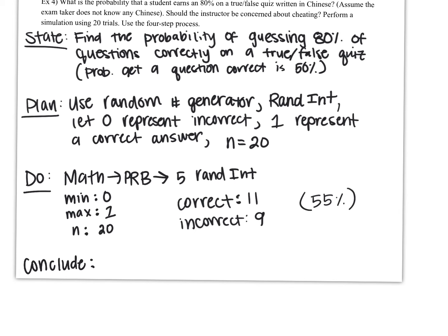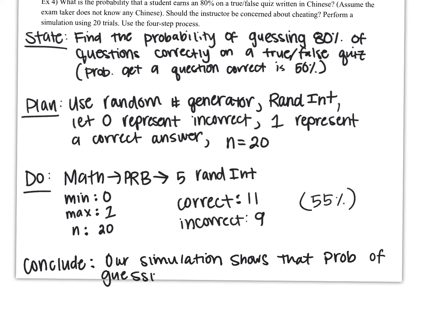So we can conclude, from our simulation, that the probability of guessing correctly is 55%.